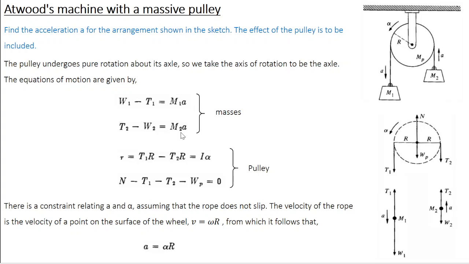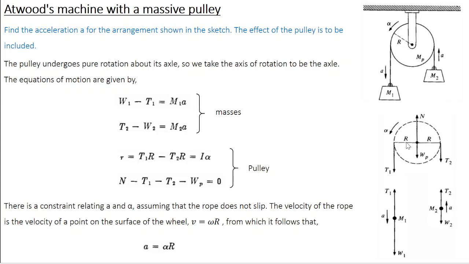Now what about the pulley? We need to write down the equation of motion in terms of torque. Since there are two forces, I have two torques. First, what is the torque on the left side? This is R cross T1. When you do that, you find that the direction is out of the plane, which you take as the positive direction. Since R and T1 are perpendicular, the cross product is replaced by a normal product of the corresponding magnitudes.